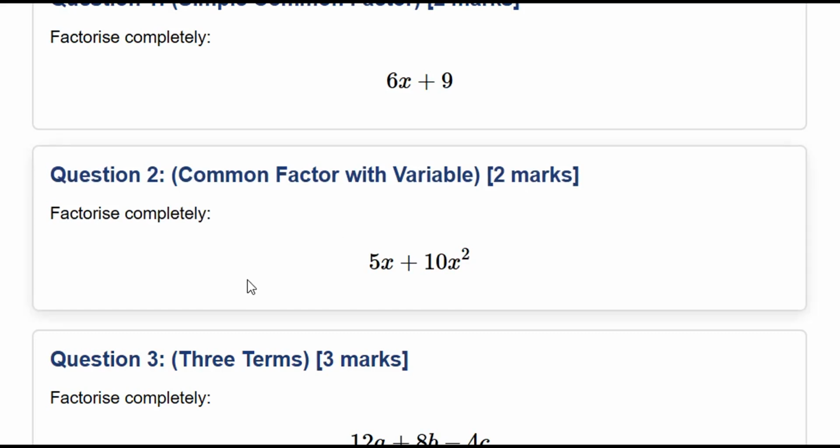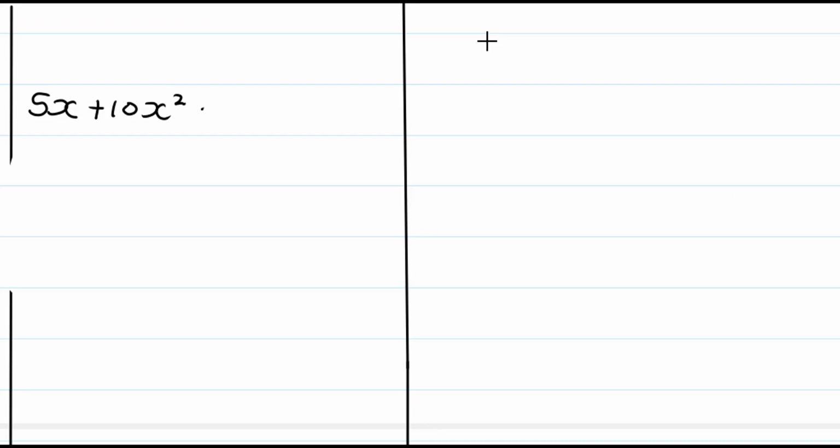In this question 2, you are told to factorize completely 5x plus 10x squared. The first thing you need to note here is both terms have an x. Though this x here is squared, at least there is an x, and though this one is not squared, at least we have 1x.